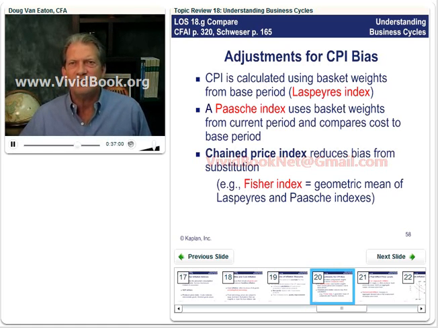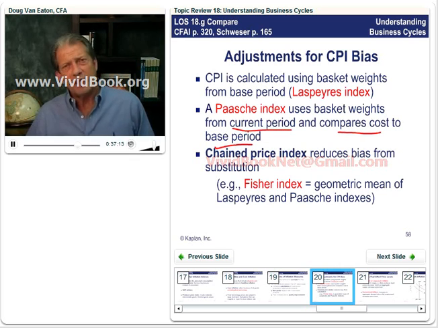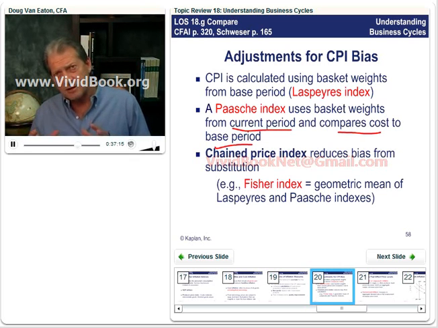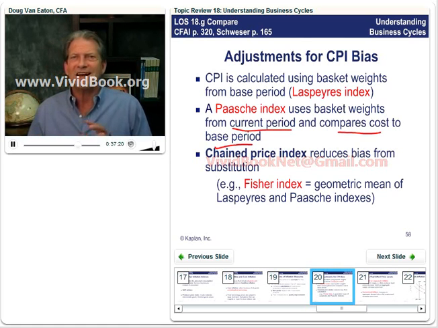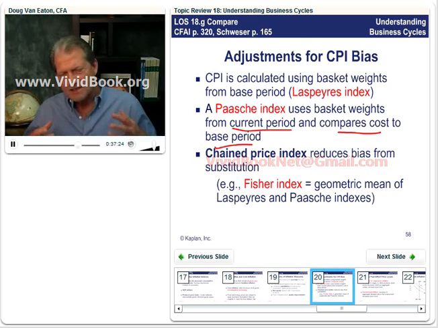It uses basket weights from the current period and compares the cost to the base period. So with that Laspeyres index, we kept everything in the basket fixed. Now we're going to let the composition of the basket reflect consumption patterns in the current period. So now we've allowed for substitution.